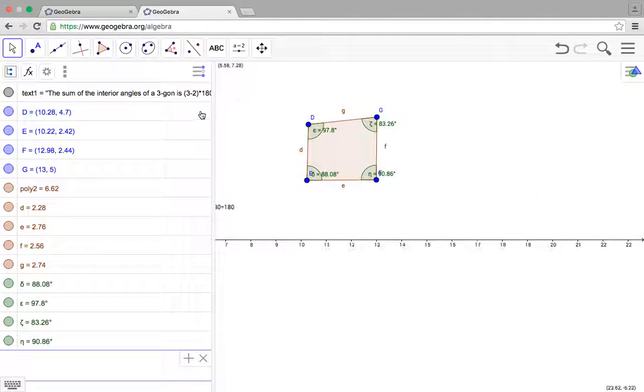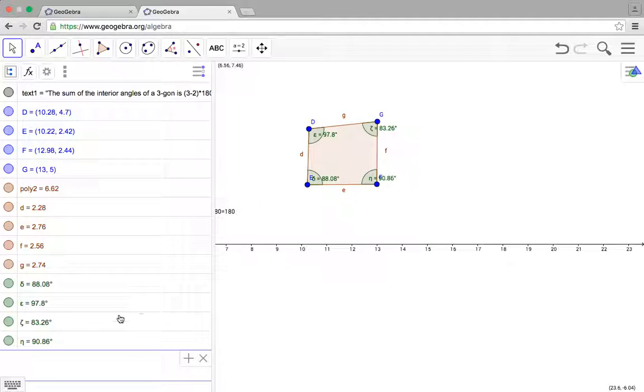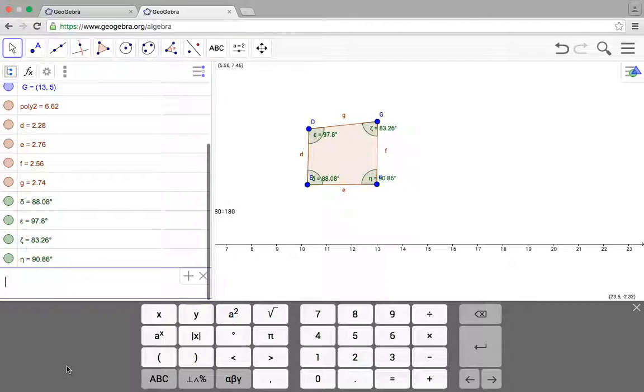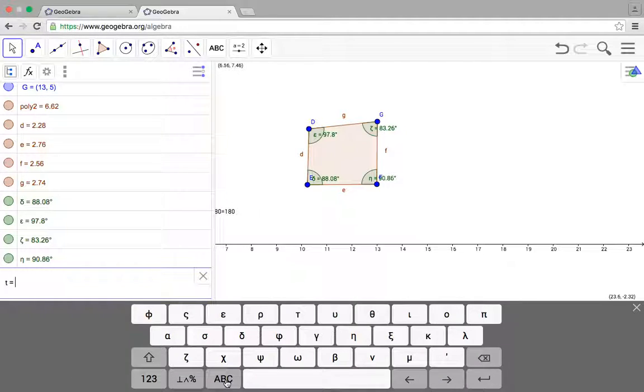And let's take a look at the 4-gon. So let's go ahead and define T to be the angle delta plus epsilon plus gamma plus psi plus eta.